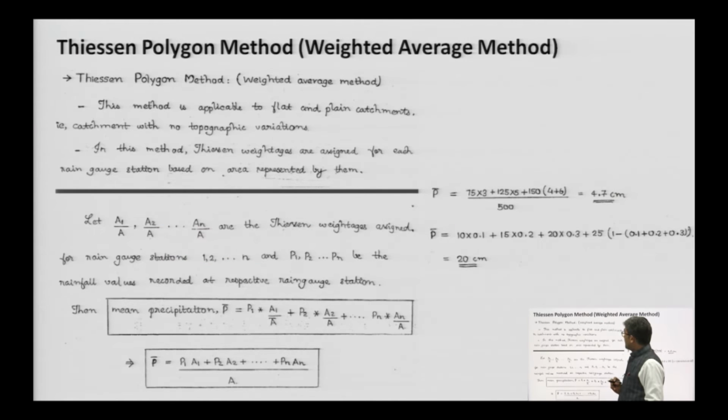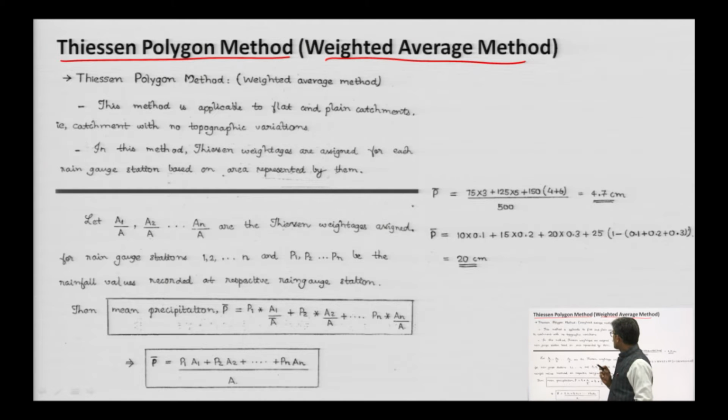The next method is the Thiessen polygon method, and it is a weighted average method. Weightage is given to the rain gauge stations. We use this expression for calculating the mean precipitation.